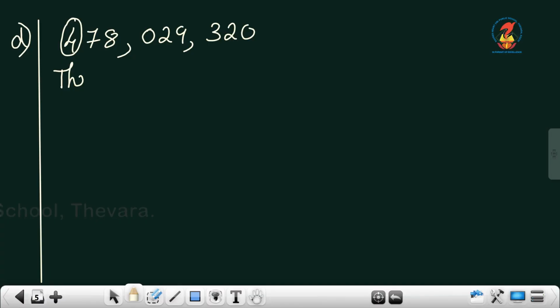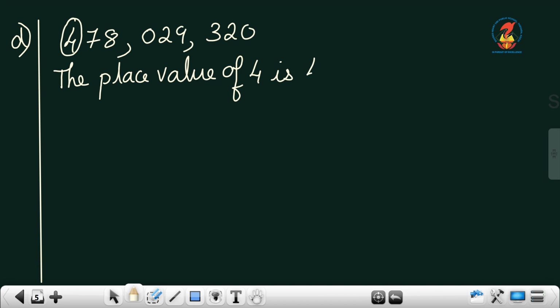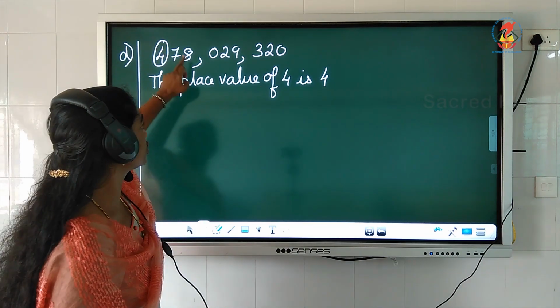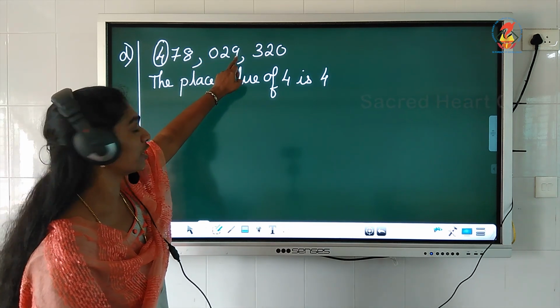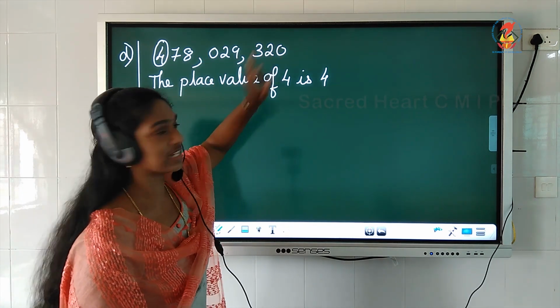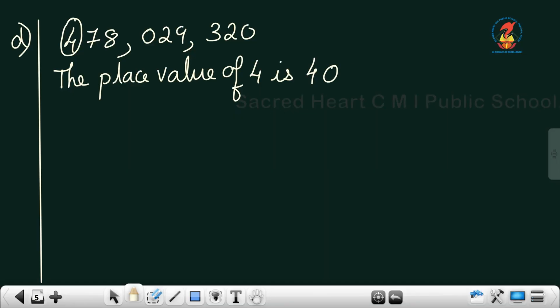So the place value of 4 is, write 4 first. After 4, see how many places are there. 1, 2, 3, 4, 5, 6, 7, 8. 8 places are there. So put 8 zeros.